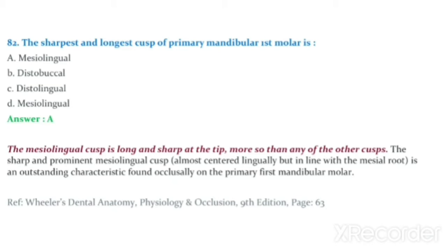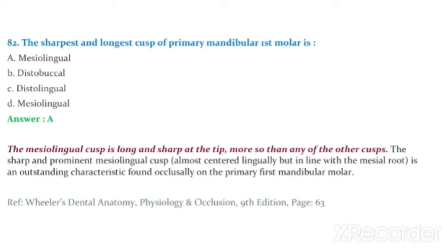mesiolingual cusp is long and sharp at the tip, more so than any of the other cusps. The sharp and prominent mesiolingual cusp, almost centered lingually but in line with the mesial root, is an outstanding characteristic found occlusally on the primary first mandibular molar.